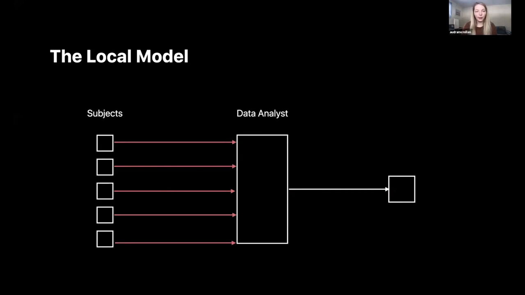So I have to have some kind of intermediary between my data analyst and my subjects so that the data analyst doesn't know who they're interacting with. And that can just be an architectural problem. These systems can be built, and in fact, they are being built, but it is a slightly harder system to build.